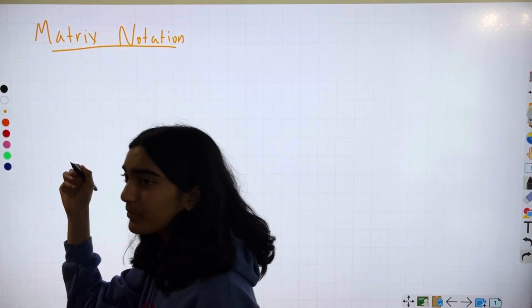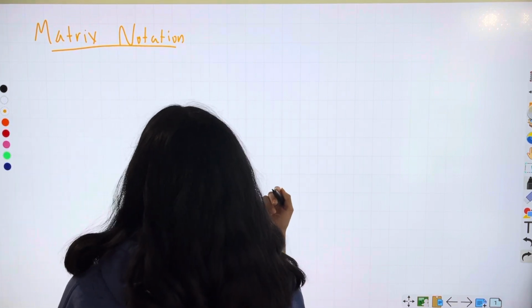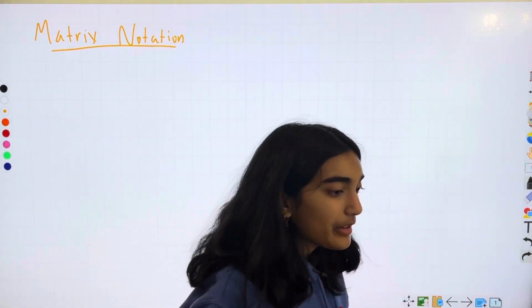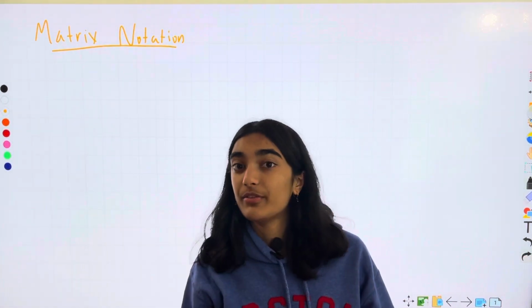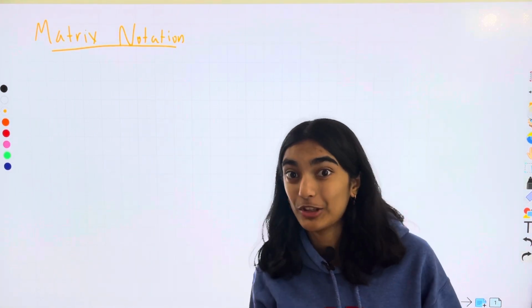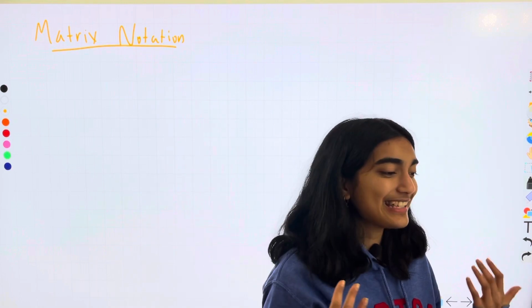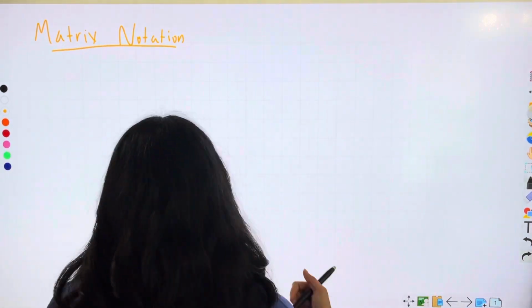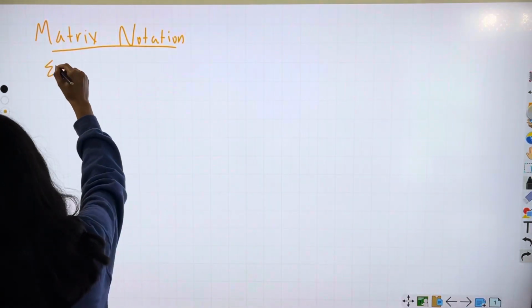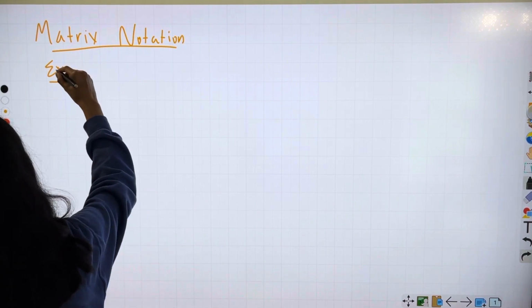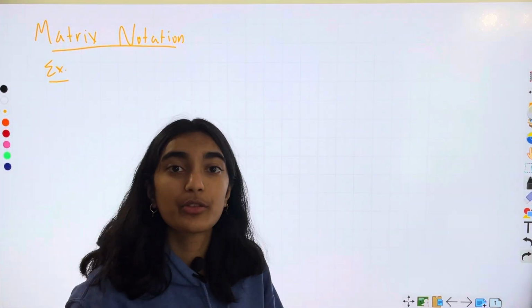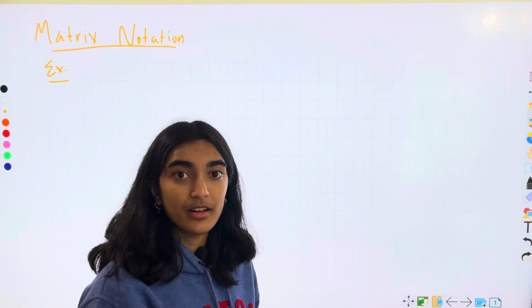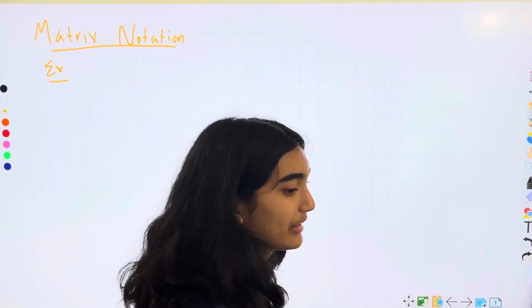Okay, so we have a system of equations, right? We're going to look at an example instead of just looking at A's and B's and X's. So let's start off with an example, and we'll introduce our matrix notation through it so you get an understanding for what it is.